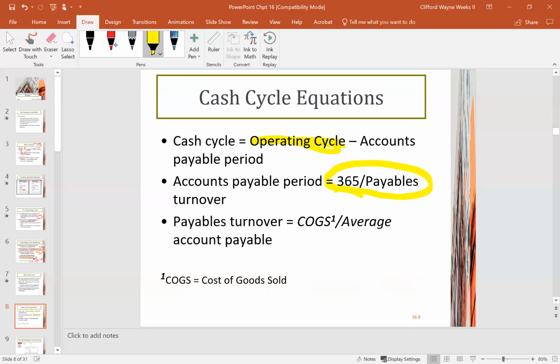What is the accounts payable turnover? It's cost of goods sold, which is the numerator, divided by the average accounts payable. And again, to get an average, take the beginning and the ending, add them together, and divide by 2.